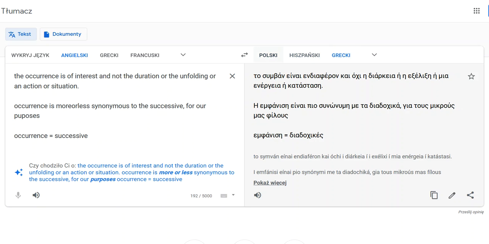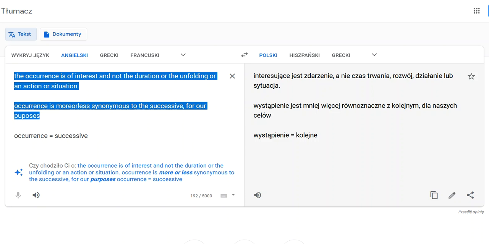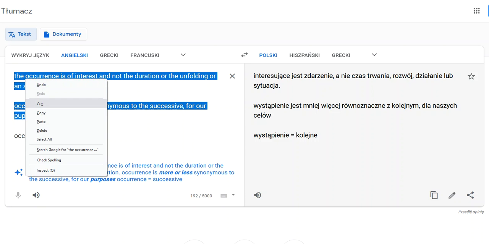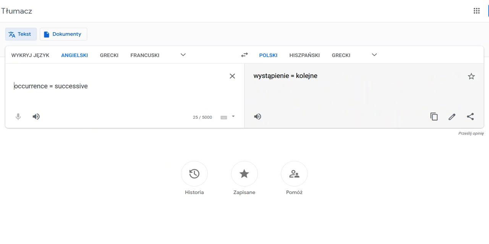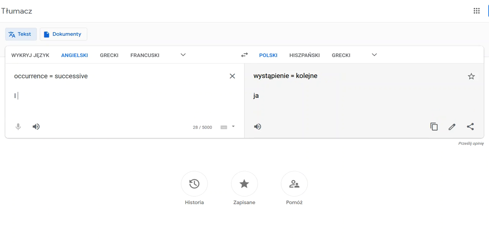You can see the Greek. Go back to the Polish. So we can say, first I brush my teeth and then I take a shower, okay?